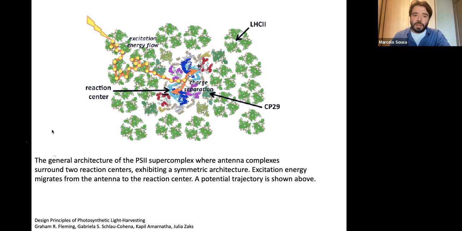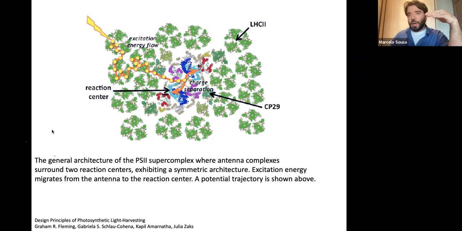And if we have very precise conditions, it is approximately 100% efficient. It means all the energy that comes in the photons is transformed into chemical energy of the plant.